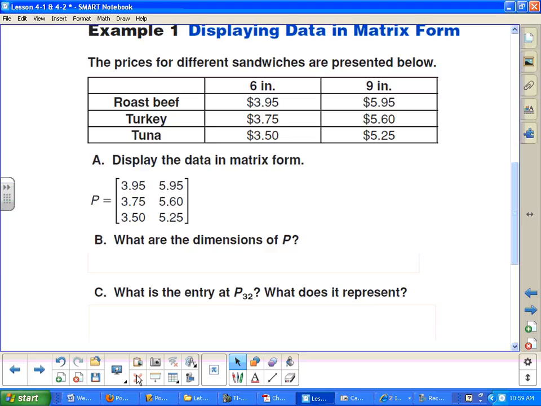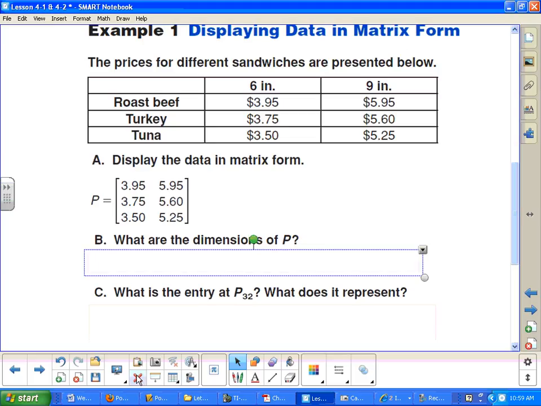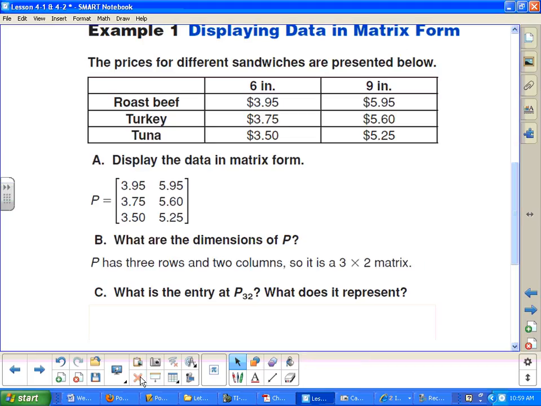So the dimensions of a matrix is determined by the number of rows and the number of columns. So you count down for the rows, count across for how many columns there are. So this would be a 3 by 2 matrix. There's 3 rows and 2 columns.